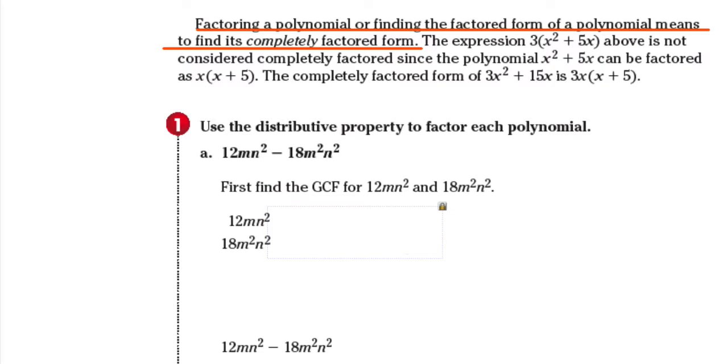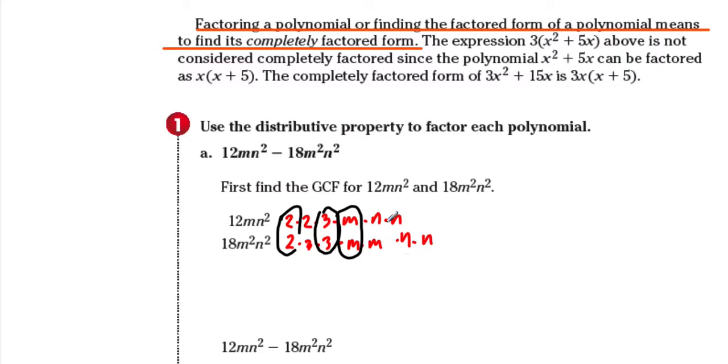Completely factoring 12mn squared, this becomes 2 times 2 times 3 times m times n times n. And this is 2 times 3 times 3 times m times m times n times n. And then we get the common factors. We circle the 2, we circle the 3, we circle the m, and we circle one of the n's.